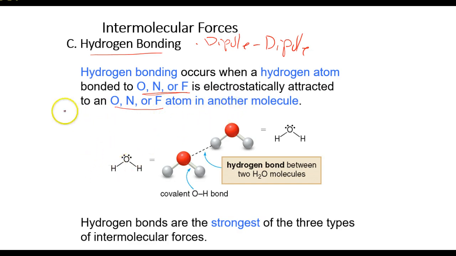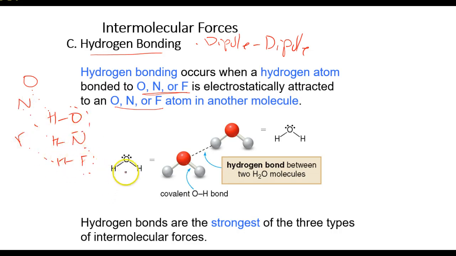So you have to have a hydrogen that's attached to either an oxygen or a nitrogen or a fluorine. Remember, these have lone pairs on them. And these hydrogens are attracted to either an oxygen or another nitrogen or another fluorine.